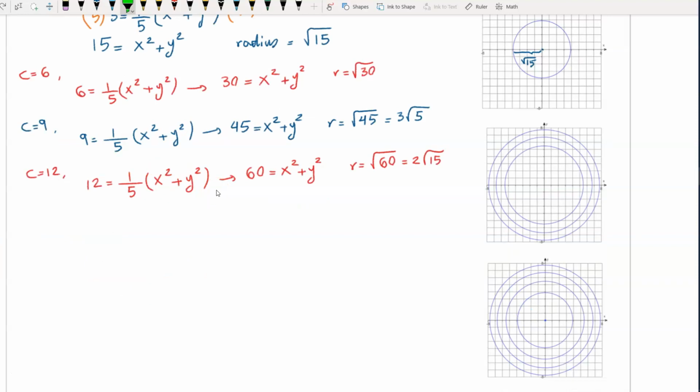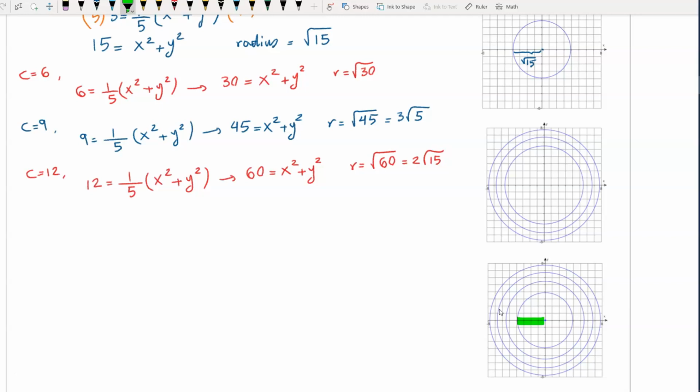And here I did the same for c equal to 6, c equal to 9, and c equal to 12, and based on that, here we have 30 equal to x squared plus y squared. Then for c equal to 9, we have 45 equal to x squared plus y squared. And for c equal to 12, we have 60 equal to x squared plus y squared. And here we have the radius for each one of these. So the first one was radius equal to square root of 15.